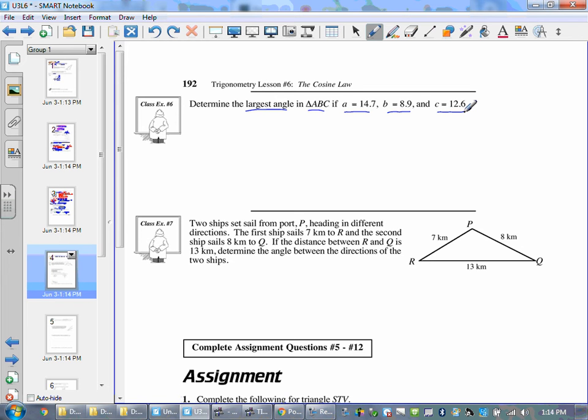Along the largest one? Not quite, not in between the two longest lines. In between the two smallest lines, or another way of saying that would be directly across from the longest line. Perfect. So we are looking for angle A then, because this is our longest side. I'll attempt to draw this to scale. So we'll say that's 14.7.